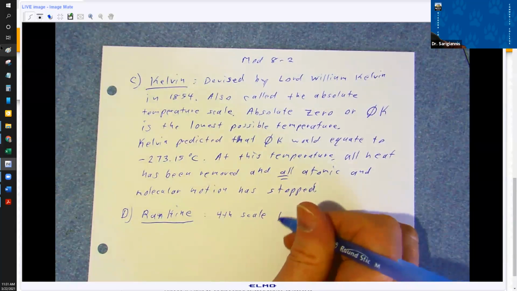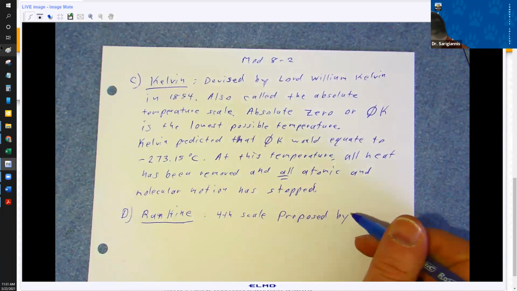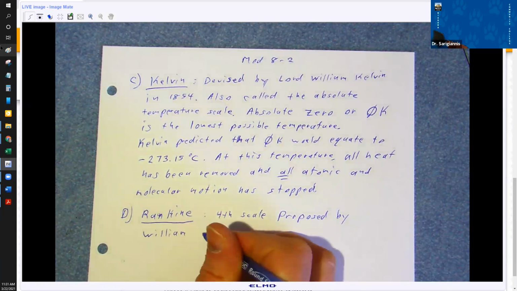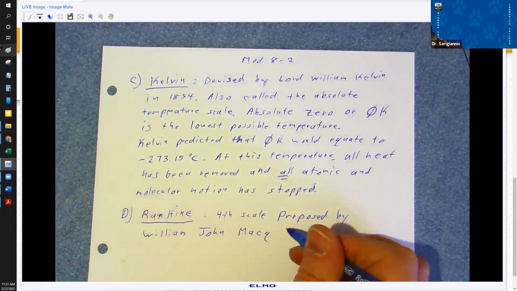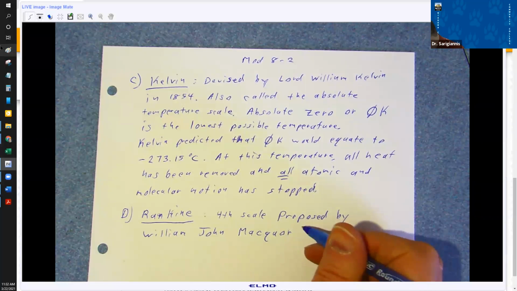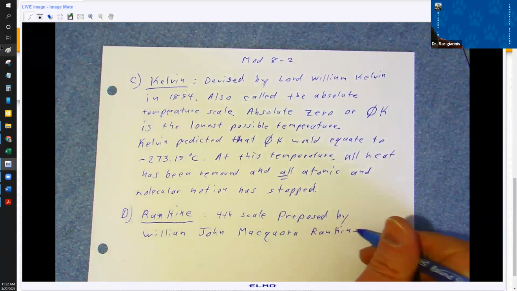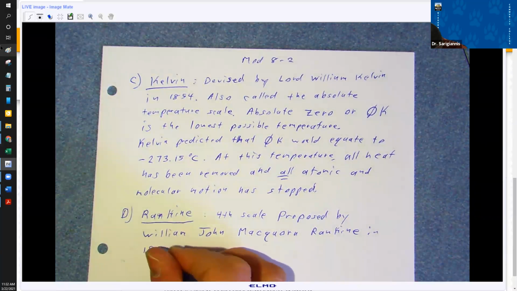So this was proposed by William John, how do you spell his last name? M-A-C-Q-U-O-R-N. William John Macquorn Rankine. So everyone gets their name on a scale. In 1859.